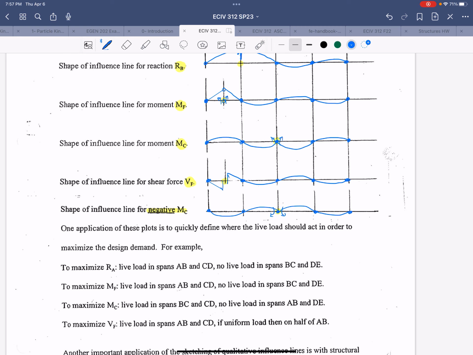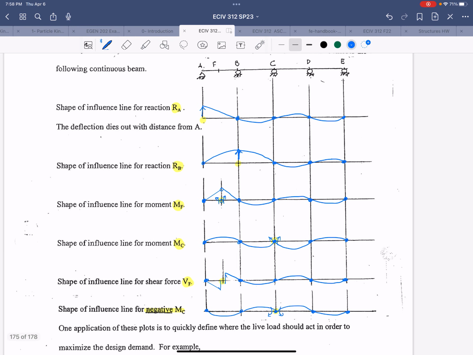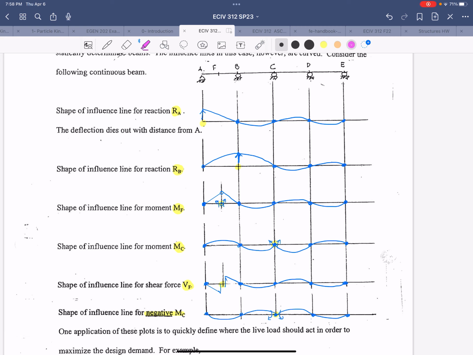All right, so now one of the things that influence lines are really useful for is identifying what spans to place live loads or environmental loads for your analysis to generate the worst case for a specific response. So I'm going to highlight those locations for each response in pink, and we'll just go through this. For the reaction at A, right, we have two spans that have a positive influence line and two spans that have a negative influence line.